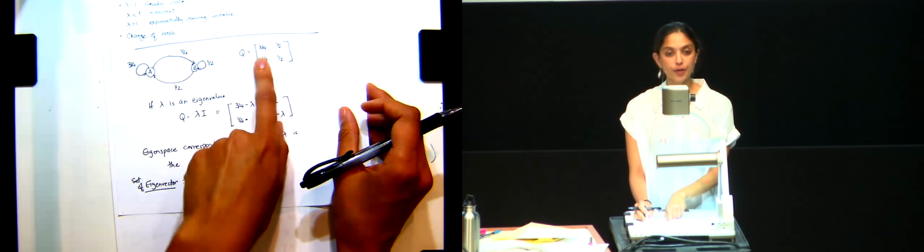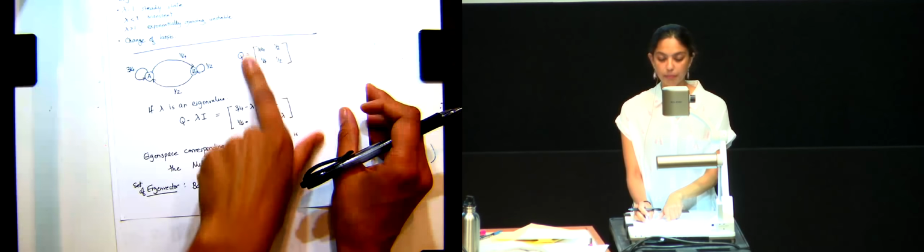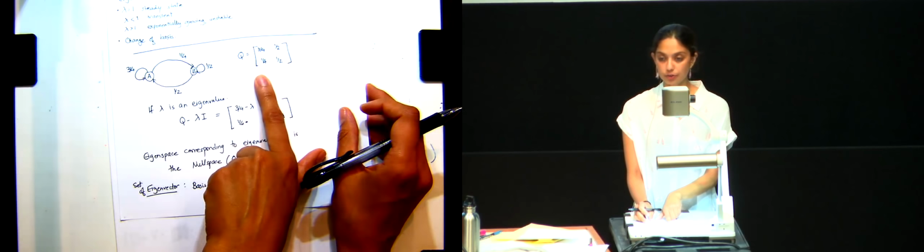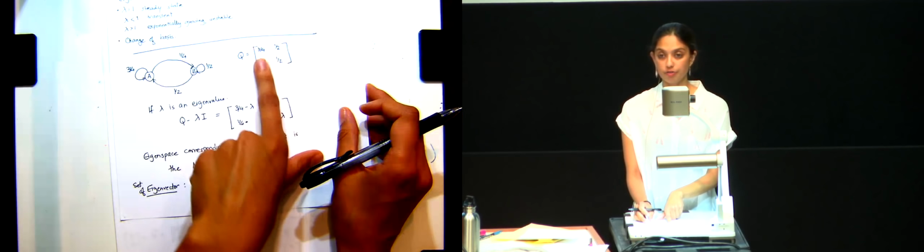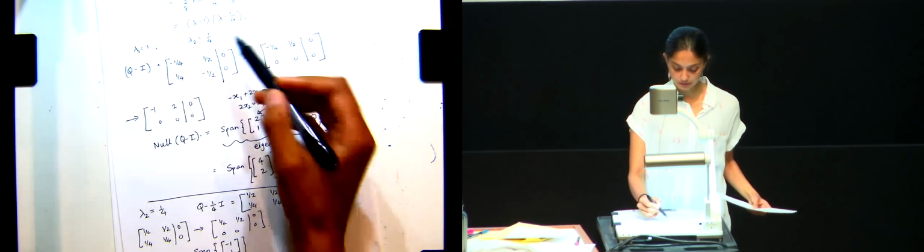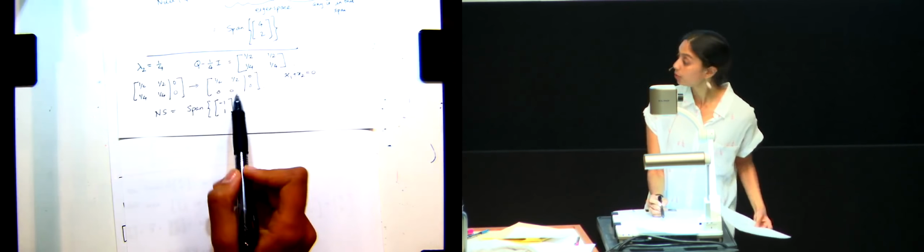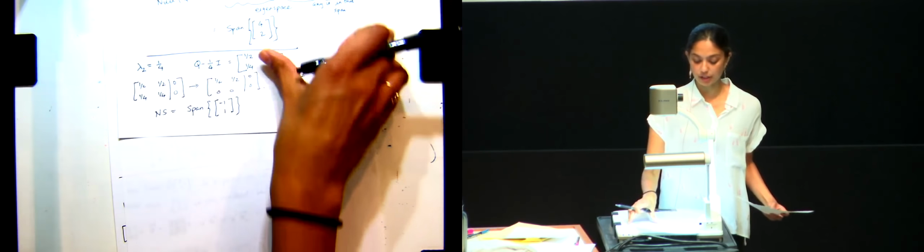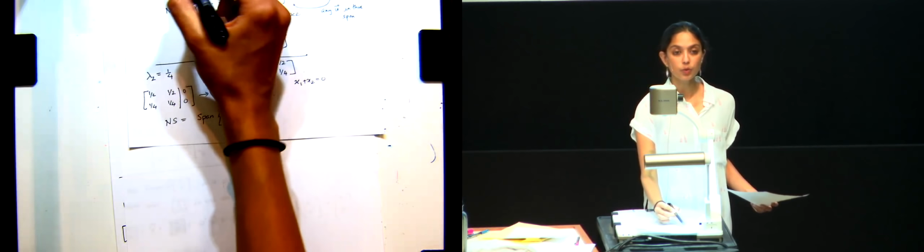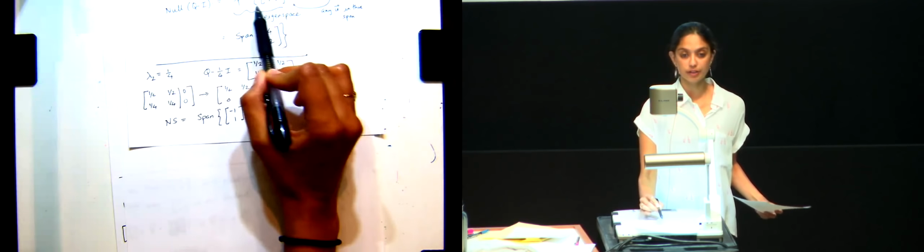And we found these basis vectors by taking the eigenvalues and the eigenvectors of this Q guy. And we said that here there's a nice steady state. For lambda equal to 1, we have this eigenvector, and for lambda equal to a quarter, we have this eigenvector. And we said lambda equal to 1 is the steady state, so this is the invariant vector.